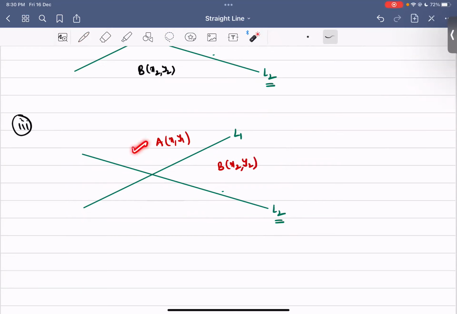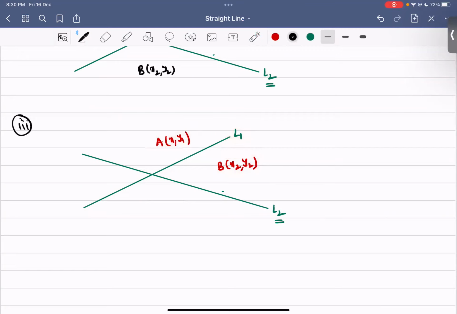Suppose A is here, B is here, or A is here, B will be here. So in this situation, the explanation is: with respect to L1, A (x1, y1) and B (x2, y2) are on opposite sides. Okay?